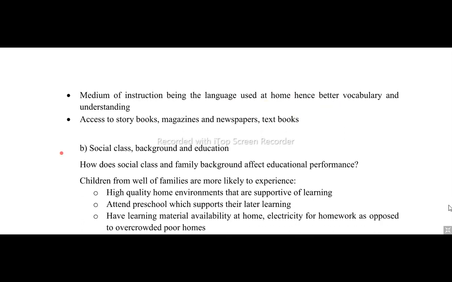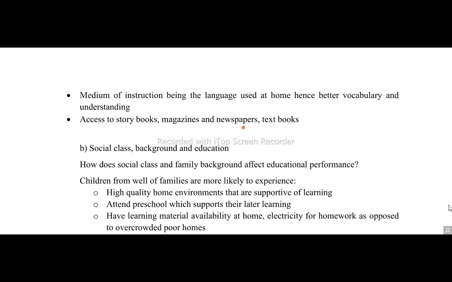determines the performance. Then we look at access to storybooks, magazines, and newspapers, textbooks. Which class will have these? Is it the lower class, the middle class, the upper class? Children from the lower class, they may not come across these books, storybooks. Storybooks, they'll find them mostly when they go to secondary school, if there is a library. But at home, they never come across storybooks, magazines. There are no newspapers.